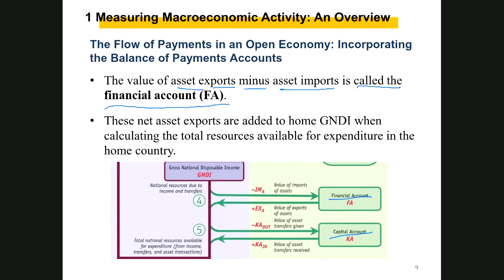Okay, the net asset export are added to home GNDI when calculating the total resources available for expenditure in home country. Okay, so this one is a positive term as well. So GNDI plus FA. This is what we have right now.